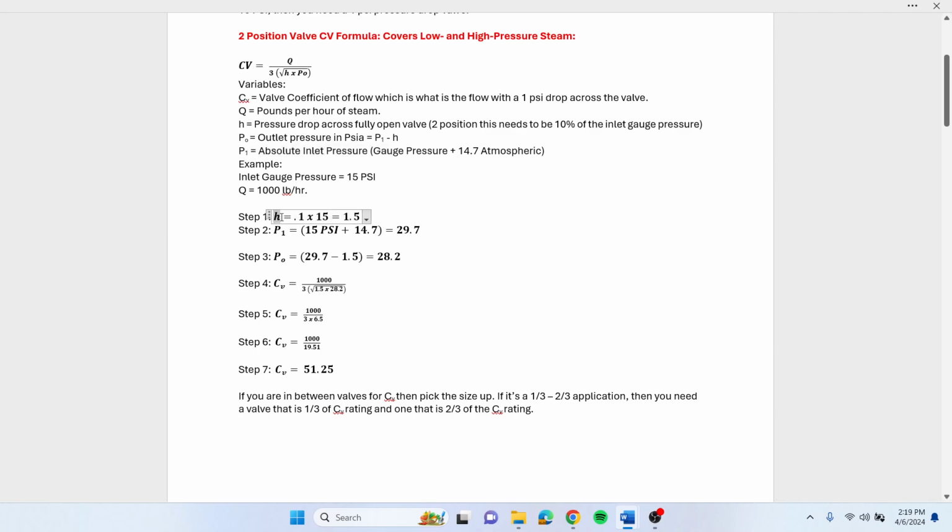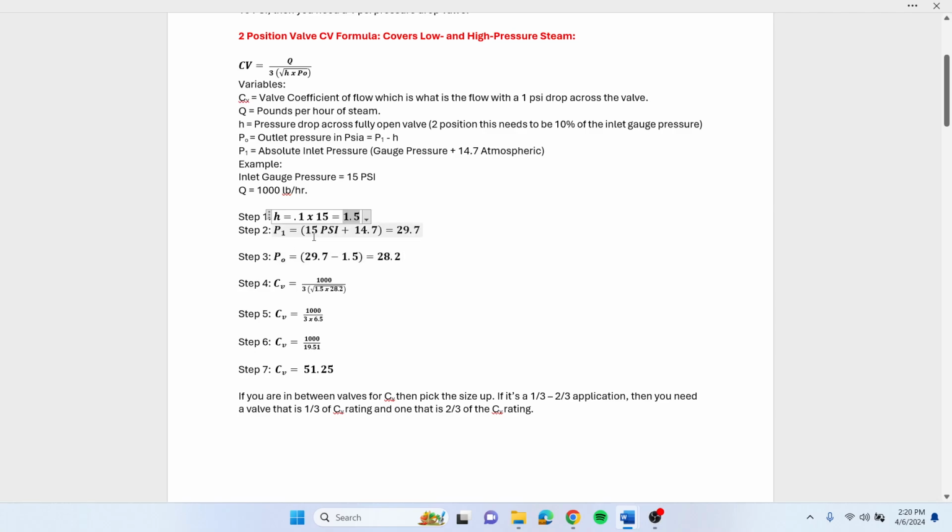So H is our one piece that we're trying to solve for. That's our allotted pressure drop for this valve. For 2-position, we use 0.1 because 0.1 is 10% times our example here, 15 psi inlet gauge pressure. That means you want a valve pressure drop of 1.5.